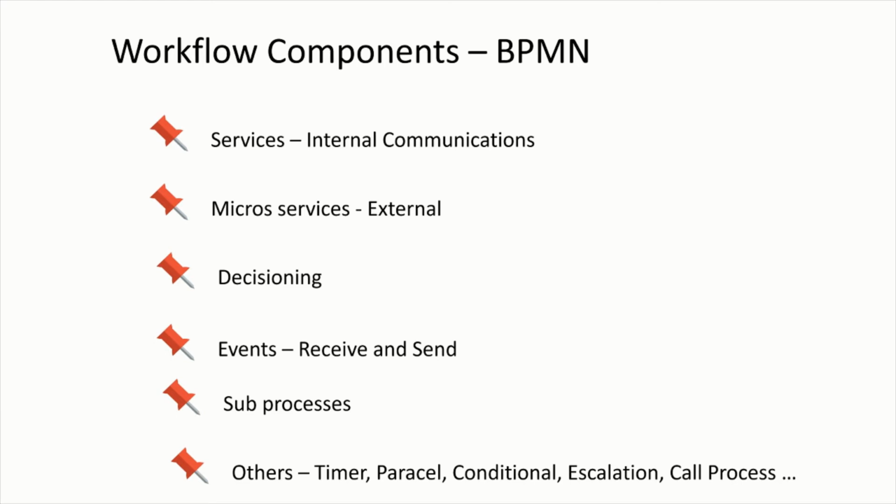If you need to process a document, and this document might take a few days, once it's finished, it sends back an event that says this is finished and now we can continue. Sub-process, and then there's a whole bunch of others. There's timers, condition, escalation, call processes, and all these together empower you to do so much more.